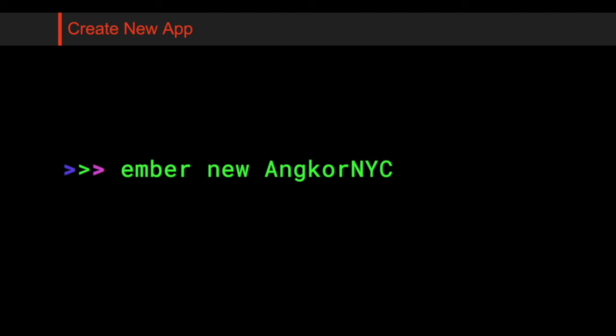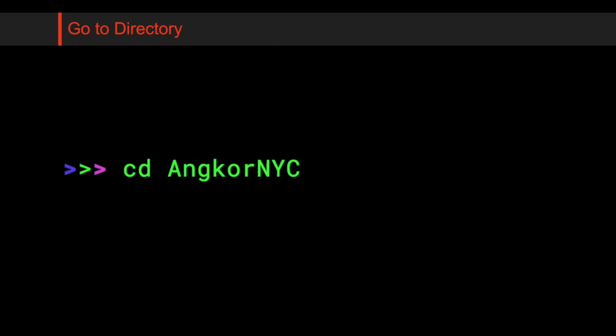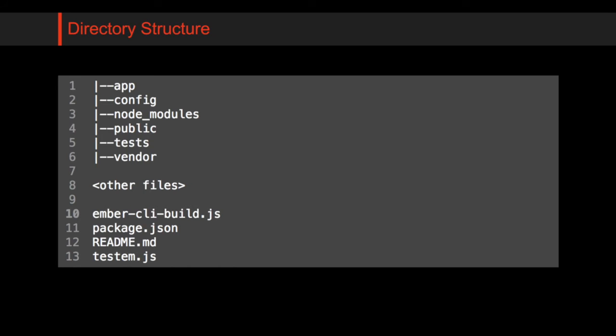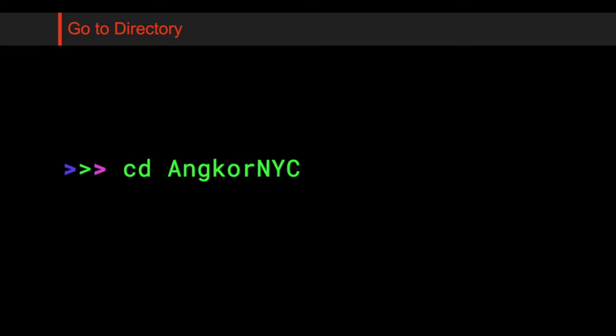To create a new project using Ember CLI, we use the new command. A new project will be created inside our current directory. We can now go to the project directory, which is the name of the project, and start working on it.